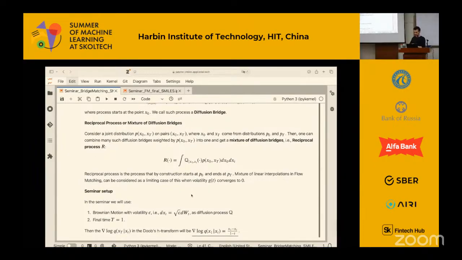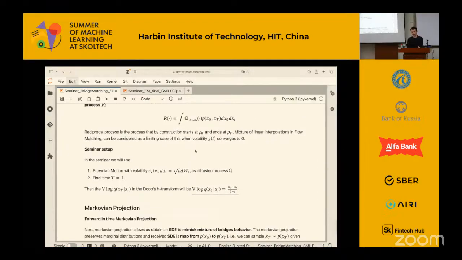This can be done by projection. We will discuss it later. For simplicity, we would use Brownian motion as a prior process, which is defined by just adding noise to our data. This would be a Brownian motion with some volatility epsilon that will control the amount of stochasticity in our prior model.